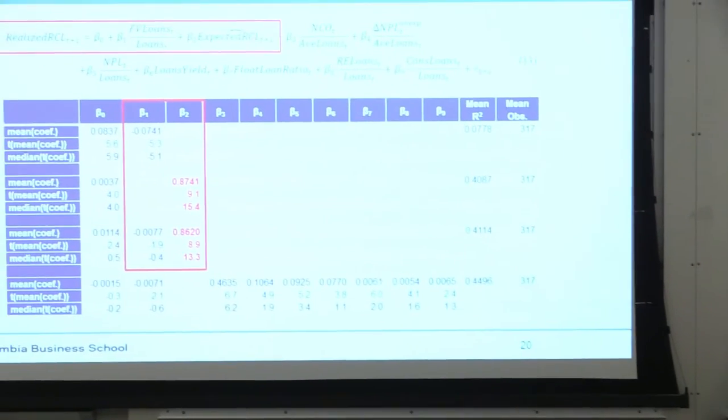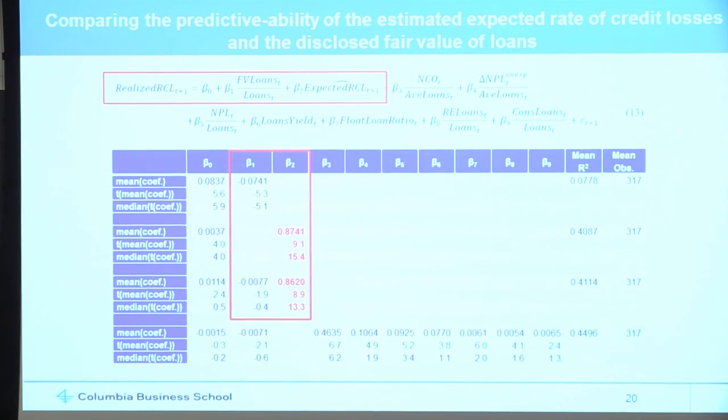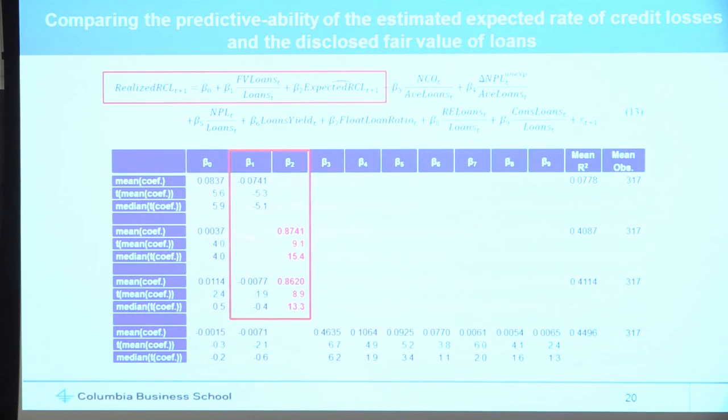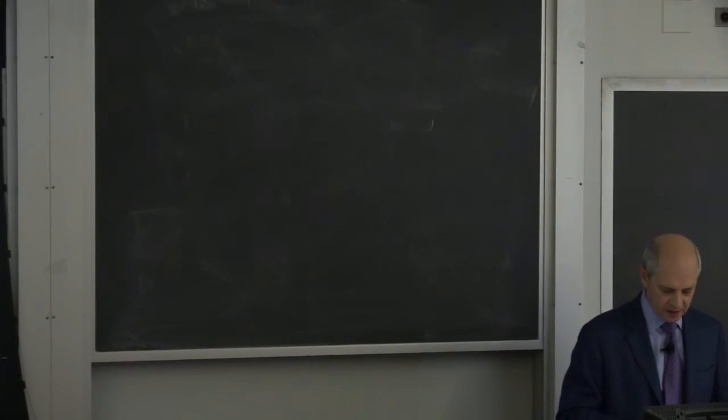And in fact, that's what these results essentially show: not only is our measure of expected rate of credit losses associated with the fair value measure, but when you include the fair value and our measure in looking at next period's realized rate of credit losses, this measure still has very strong associations.